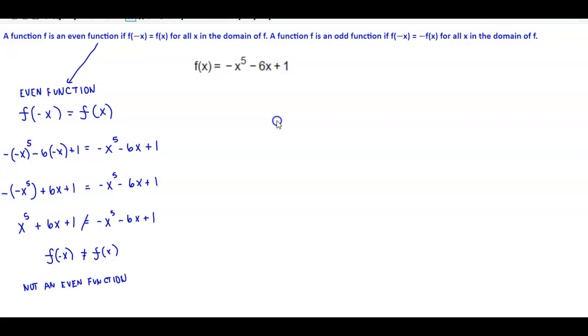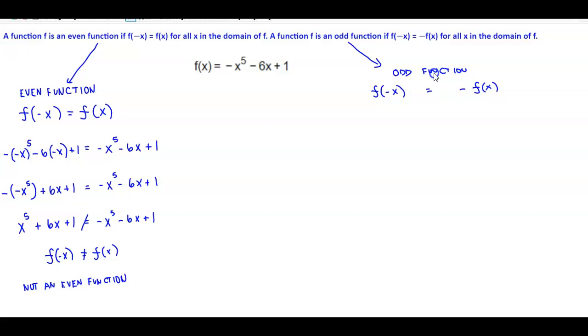Okay, so now let's determine whether it is an odd function. To determine whether it's an odd function, we're going to take f of negative x, and we want to see if it's going to equal negative times the function f of x.